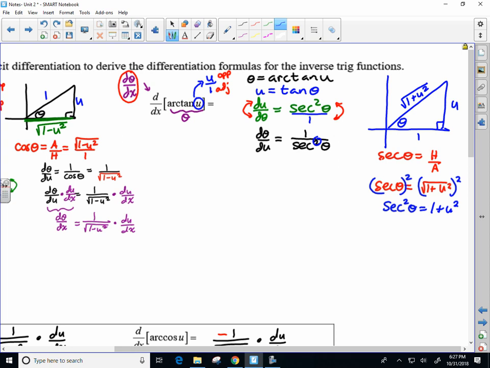And so now I can do my direct substitution and replace the secant squared with 1 plus u squared.